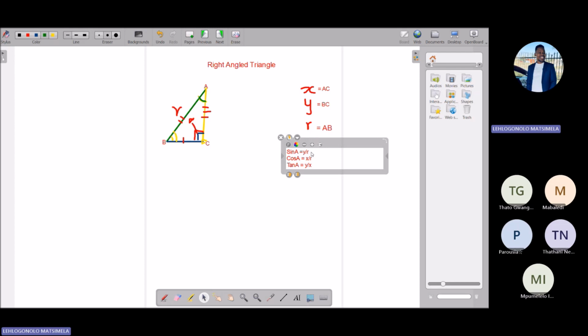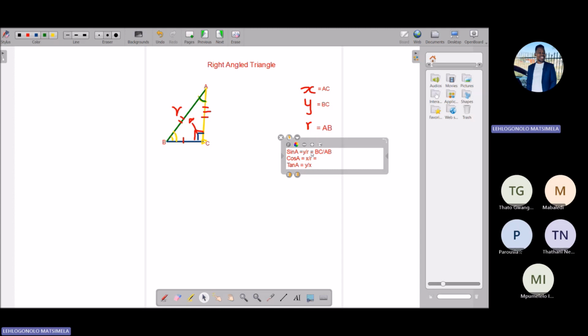we will figure out sine A. We now know that sine A equals Y over R, and Y, which is BC, divided by R, which is AB. So whenever we see sine angle A, we will simply put BC over AB.